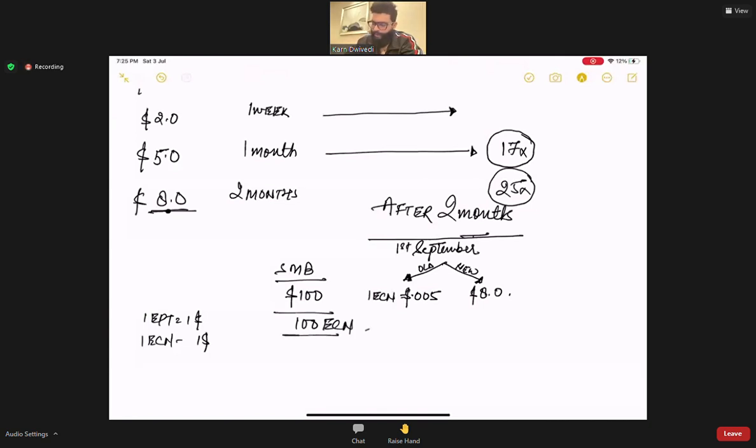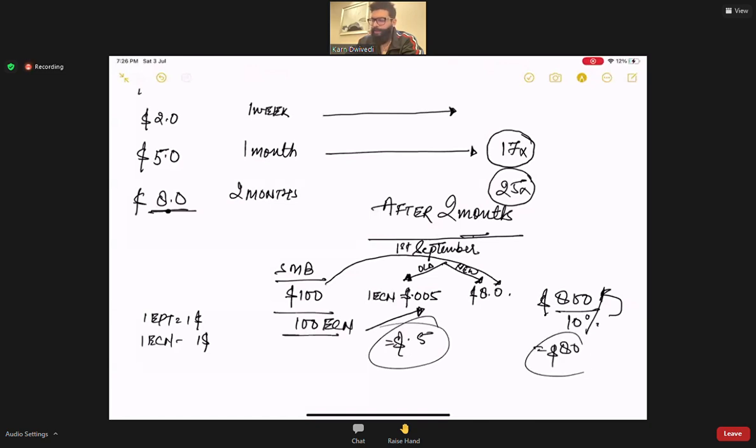Your $100 of SMB will be $0.5 here, and your $100 of SMB will be $800 here. You are taking out 10% of this $800. It is still $80. Please, can you do the calculations yourself? Can you see this difference?